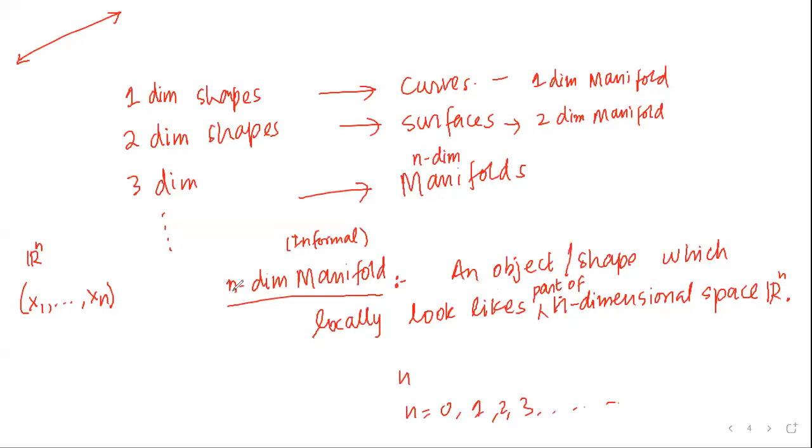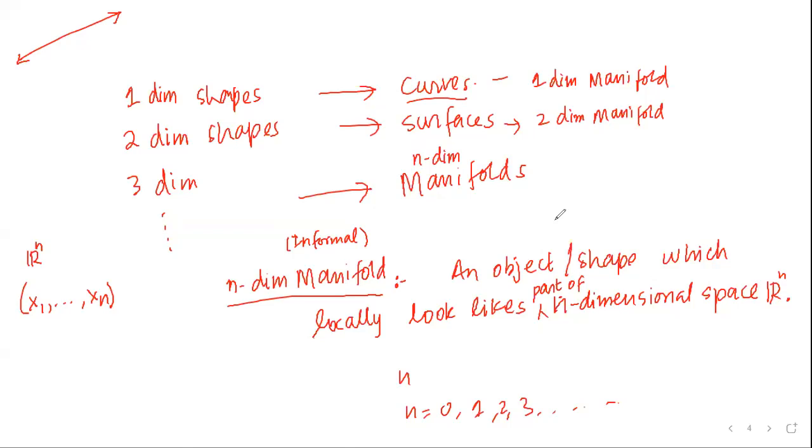N means it can be one dimension, two dimension, three dimension. So a three-dimensional manifold will be an object or shape which locally looks like a part of 3D space, R3. A one-dimensional manifold, which we call a curve, locally looks like a part of the line. Okay?